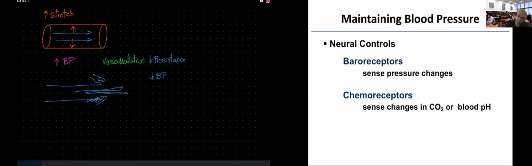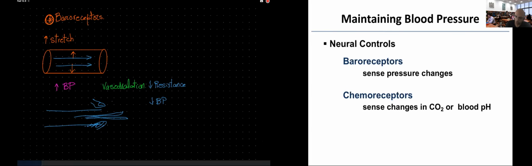What if I did detect a drop in the degree of stretch? What do you think this means for me? This means that I have high or low blood pressure. Do I have high or low blood pressure? Low blood pressure, right? I have a reduction in the degree of stretch.